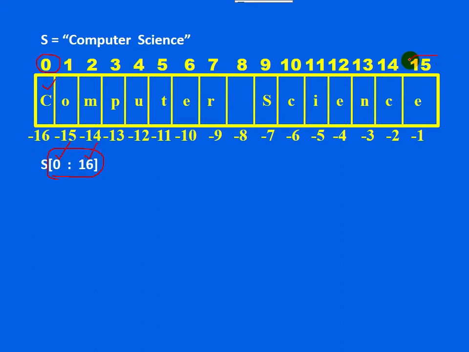So ending with the index 15, which means this character. All the characters starting with index 0 and ending with index 15 are returned, which means you get the original string. So the output of this statement is the original string. Certainly it is a string, and hence it must be inside double quotes.